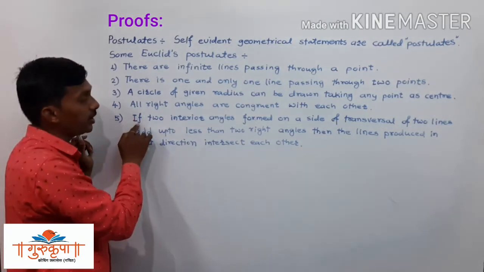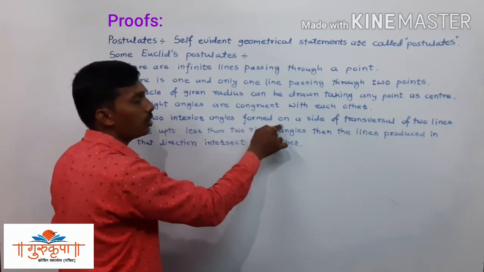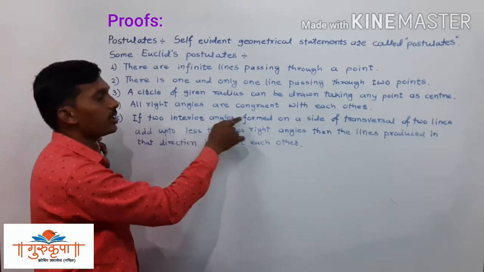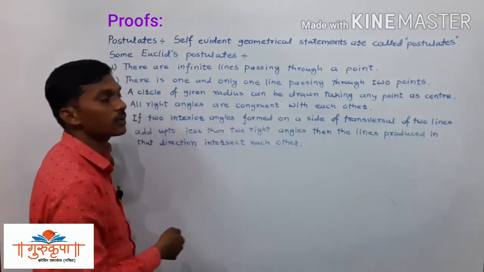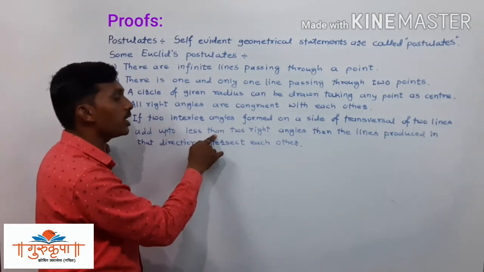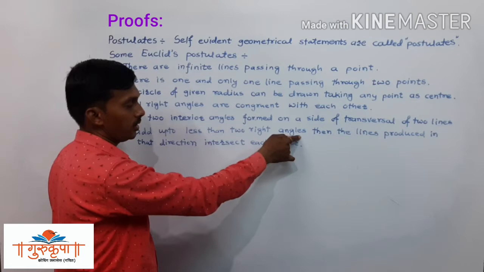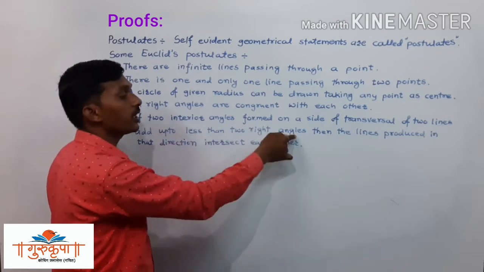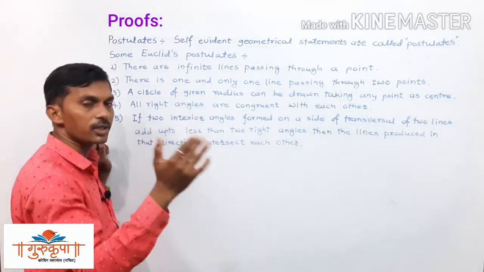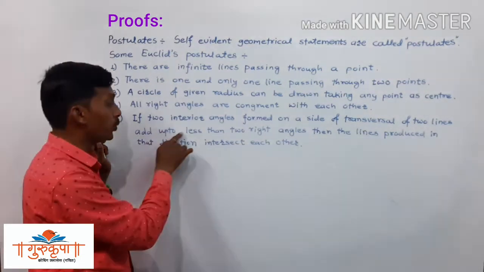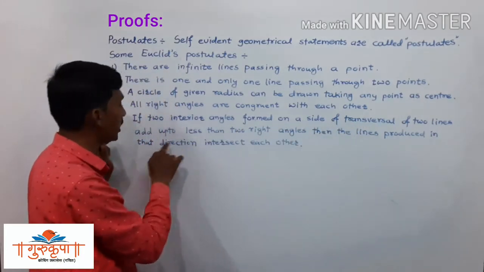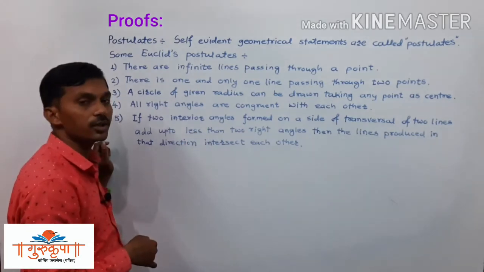Here it is given that if two interior angles formed on a side of a transversal of two lines add up to less than two right angles, two right angles meaning 90 plus 90, that is 180 degrees, add up to less than 180 degrees, then the lines produced in that direction intersect each other.